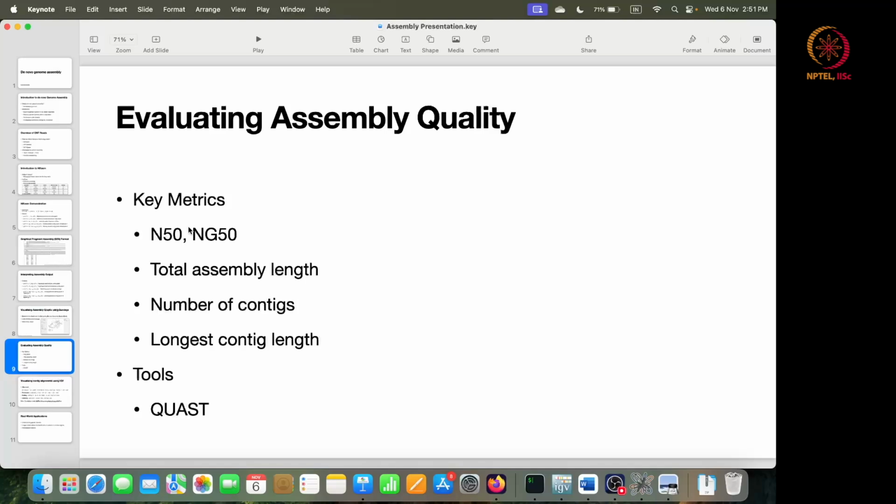So once again, if you arrange all contigs in the order of decreasing length, select that contig such that if you add up all the lengths of the contigs before it, we reach half the assembly length. NG50 is the same except that we use half the estimated genome length or the reference genome length.